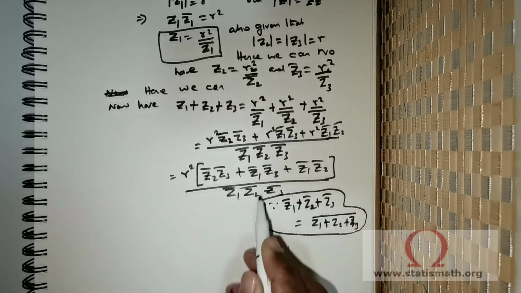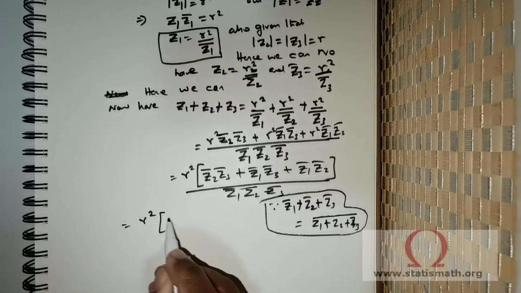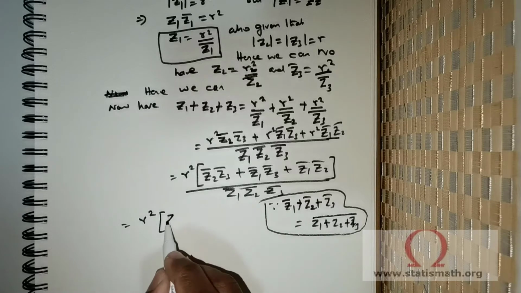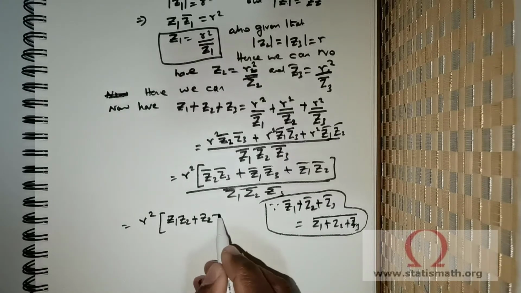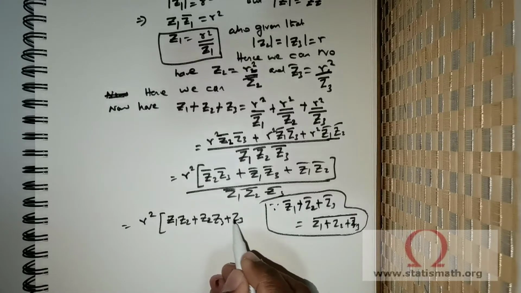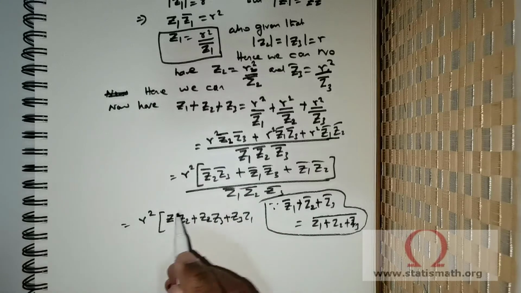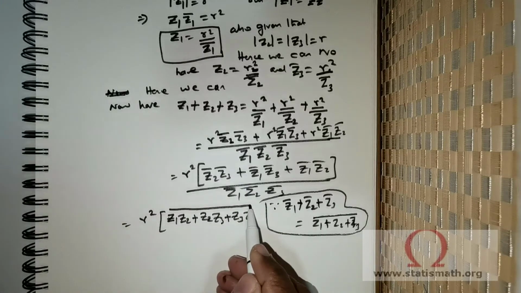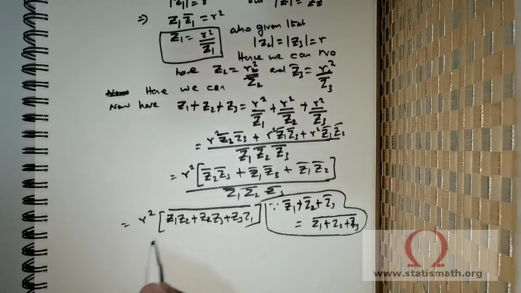So because of this I can rewrite this entire thing as r squared times z1 z2 plus z2 z3 plus z3 z1, with one conjugate applied to the whole sum because of this property.